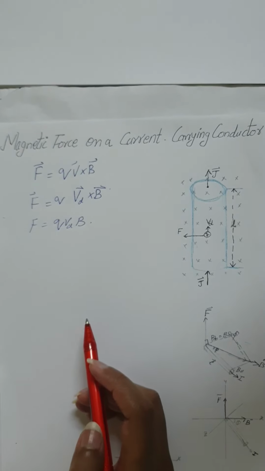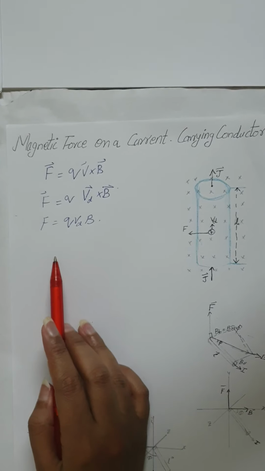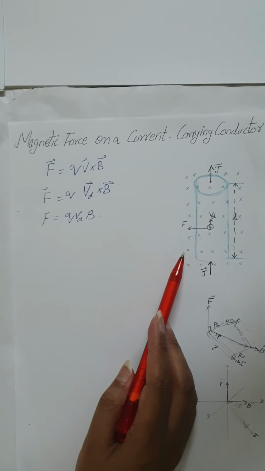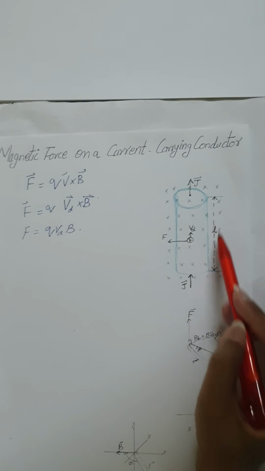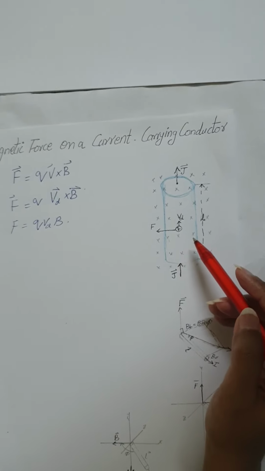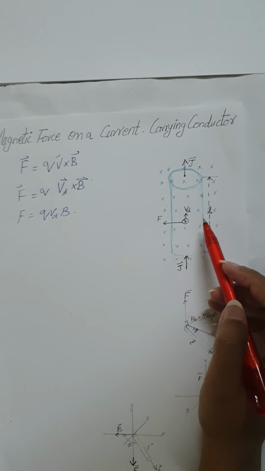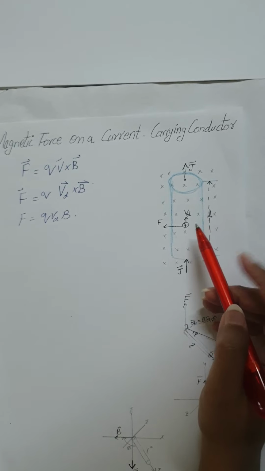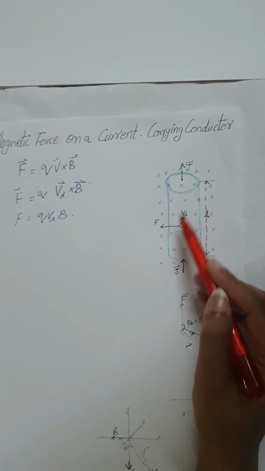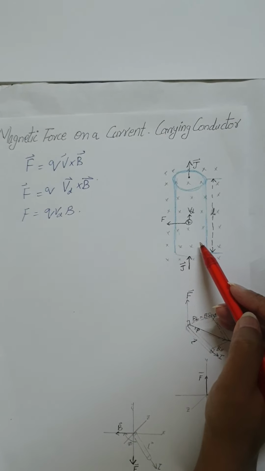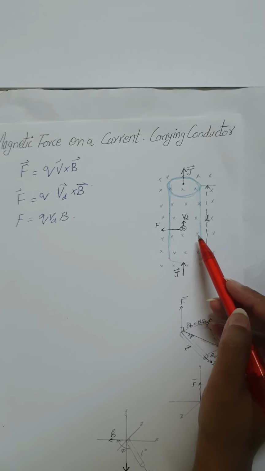So now we will find the total force on all the moving charges in a length L of the conductor with cross-sectional area A. We are going to do the same thing which we did in the last chapter when we found the drift velocity and current density.